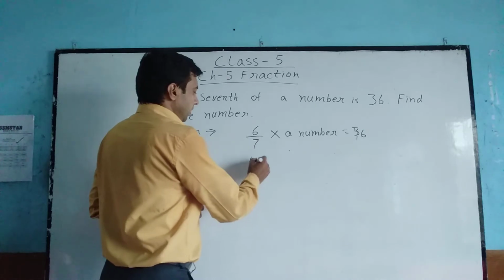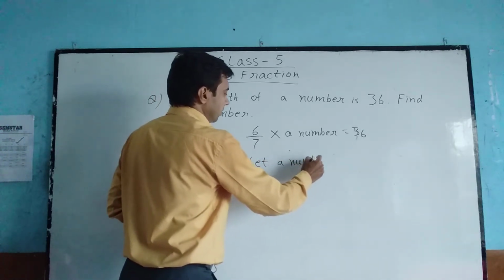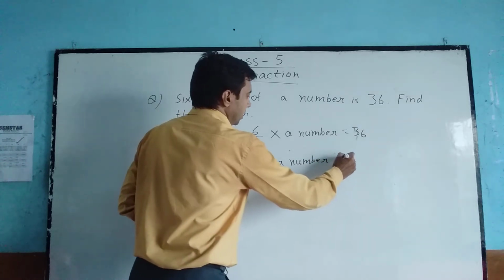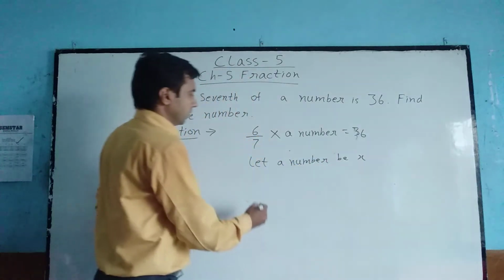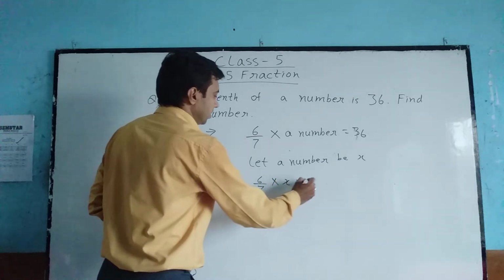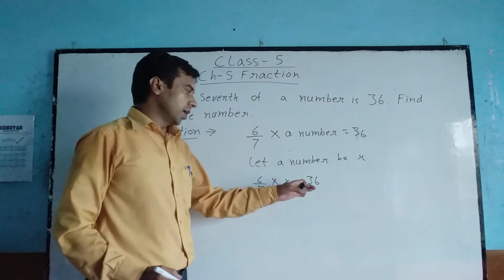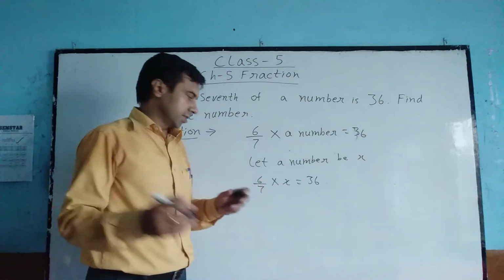Let a number be x. Now 6 by 7 into x is equal to 36.